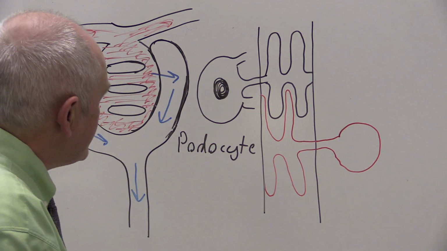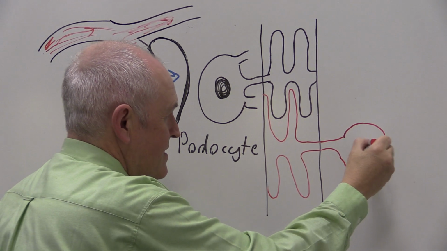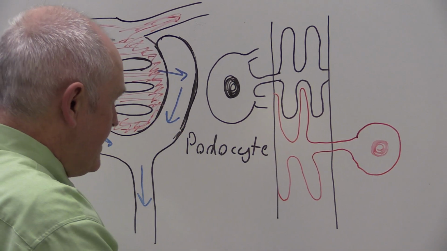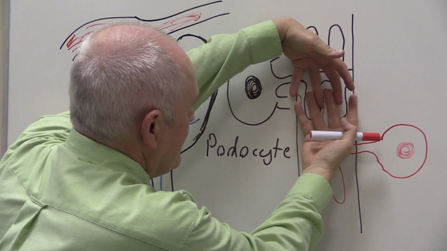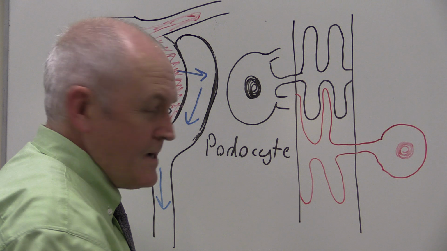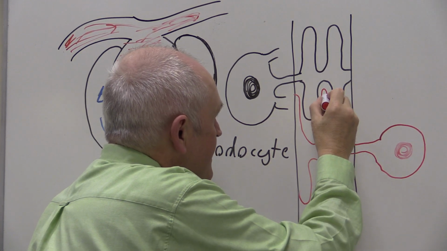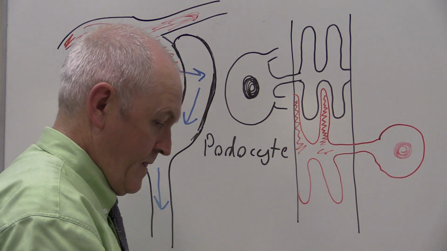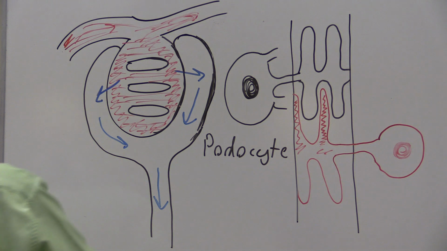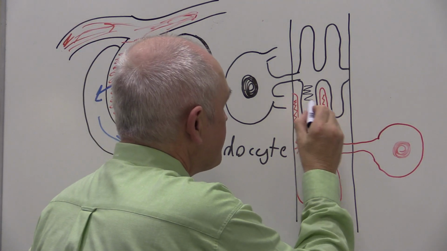And we can see that the pedicles from this podocyte here are neatly dovetailing in, leaving small gaps. So if I colour in this one here, this is the pedicel of one podocyte there, and the other one there. And then this is the next one, the one we drew first.